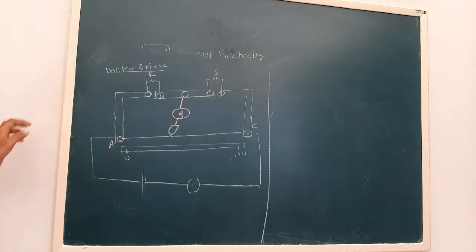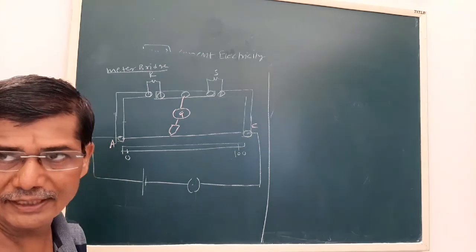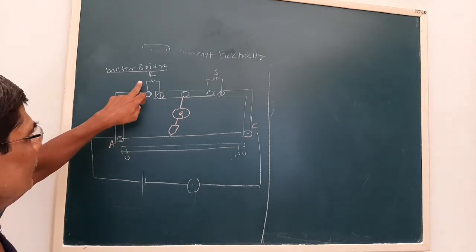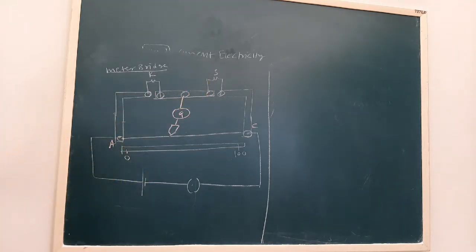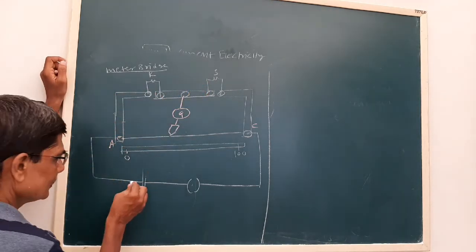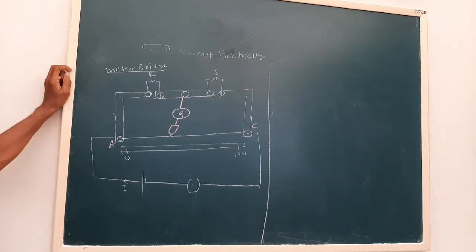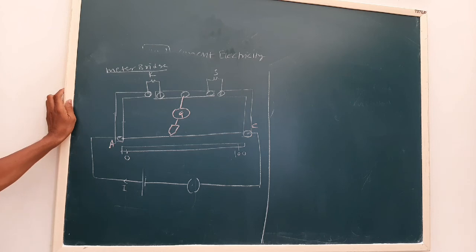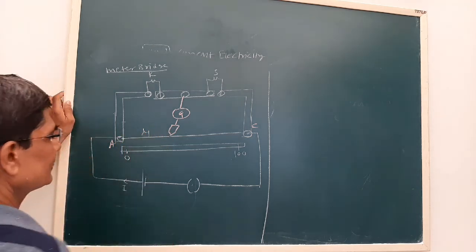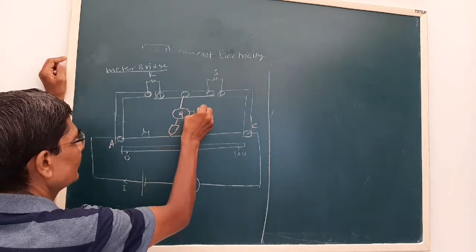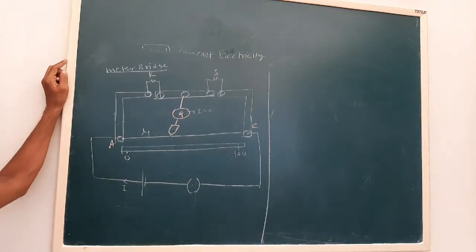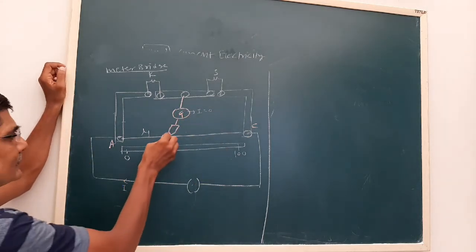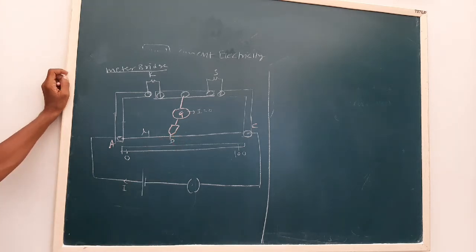Okay, now as I said, in the Wheatstone bridge there are 4 resistors. R and S are 2 resistors. Now see, the current flows in the circuit like this. When we move this jockey key on this wire AC for some particular length, let us say L1, the galvanometer shows 0 deflection. So this AD part will show L1.